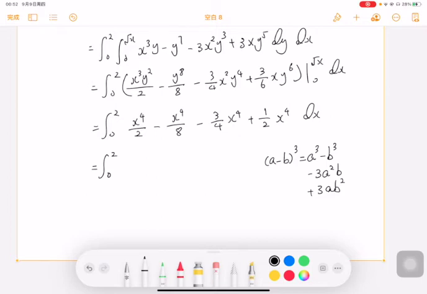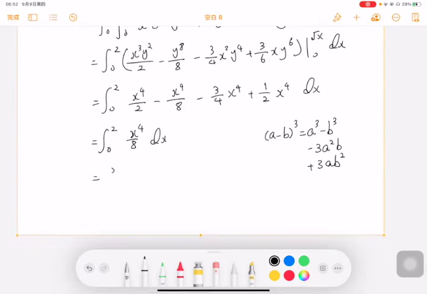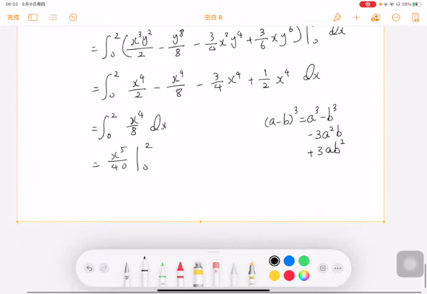That gives you a complete one. That's 1 times x to the 4th, and minus this, you get 1 over 4 x to the 4th. Minus that, you get 1 over 8 x to the 4th dx. Integrate that, you get x to the 5th over 40, evaluated from 0 to 2, and that's 32 over 40.